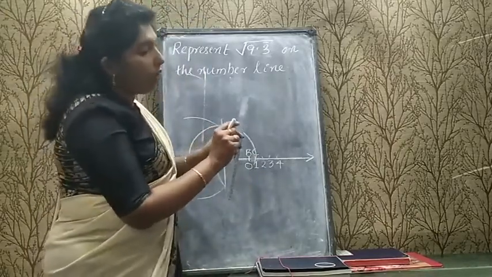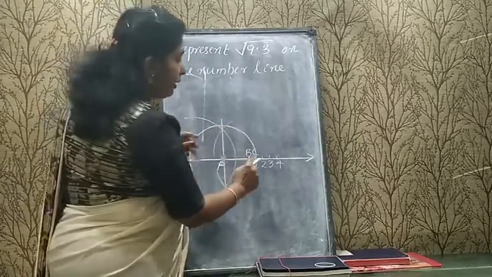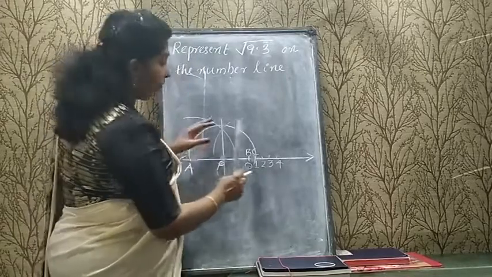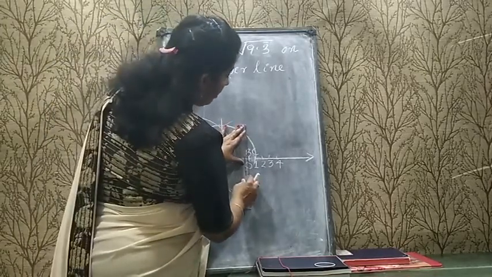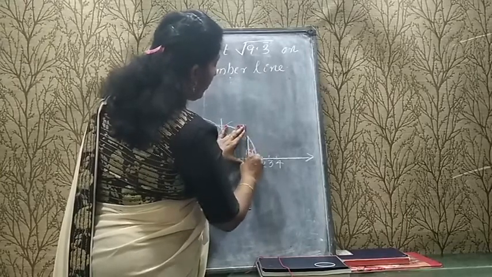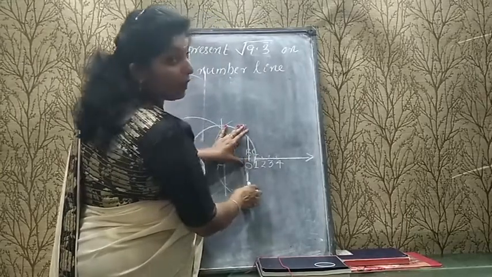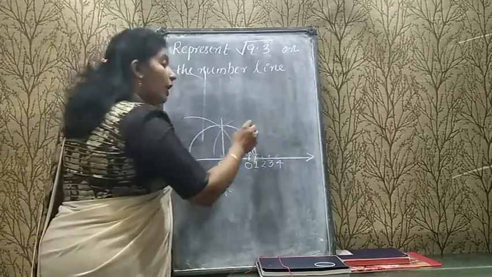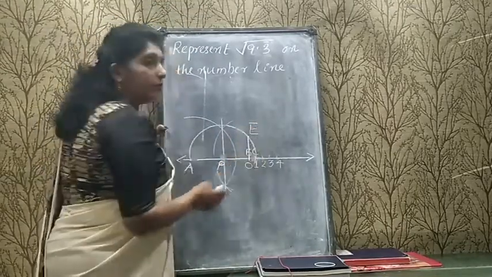Any one of the dark lines you can coincide with the number line, and the 90-degree line you can draw. This is exactly perpendicular to the number line. This point you can mark as E.